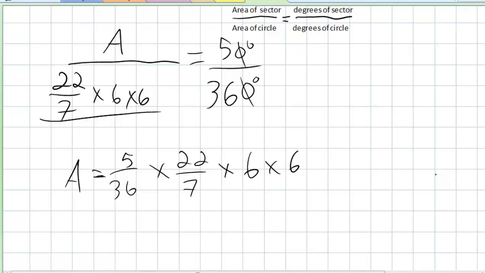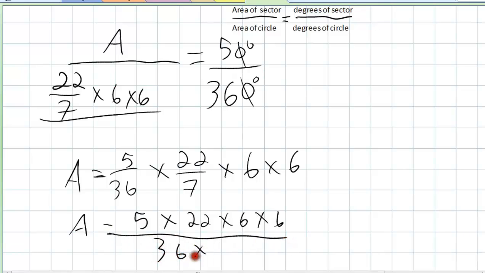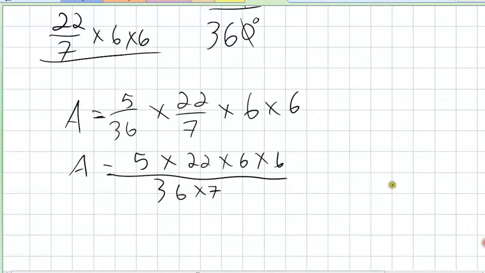So if you can't see it yet, this is like saying 5 times 22 times 6 times 6 over 36 times 7. So now I can do some simplification. 6 times 6 is 36, so that means I can cancel these terms out. Now I'm left with 5 times 22 over 7.